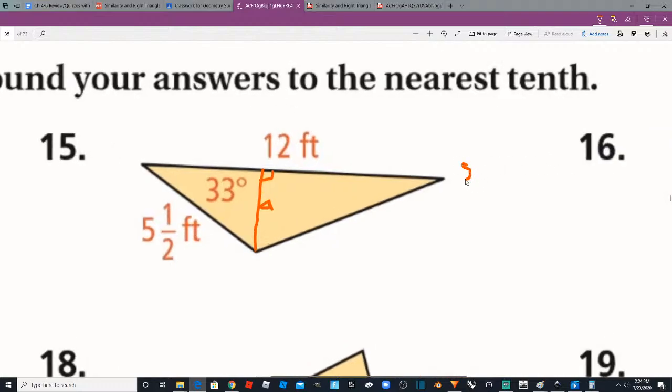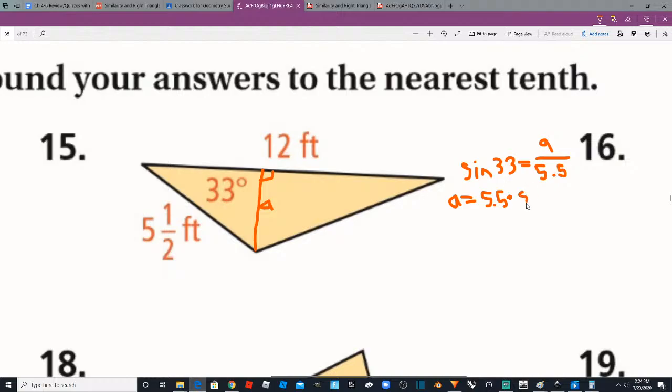So sine 33 is equal to A divided by, I'm going to just say that's 5.5. Gladly, we don't have to do radical. That might be a good thing or a bad thing, but usually for me it's a good thing.